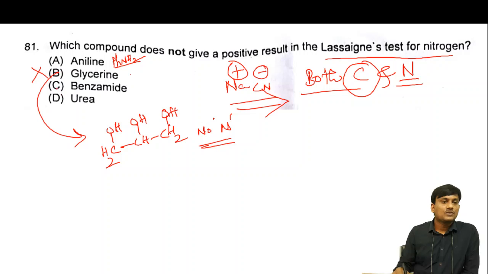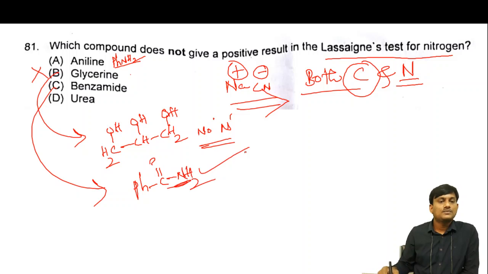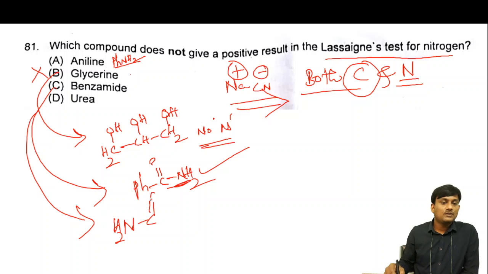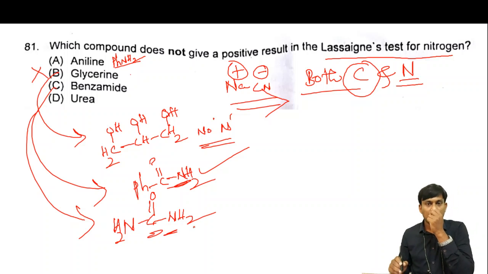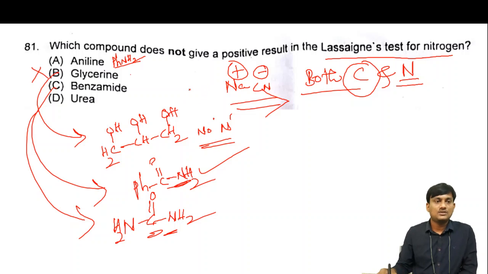Benzamide, what is the formula of benzamide? PhCONH2. It has nitrogen, so it can exhibit. Urea, NH2CONH2. In this case, you have carbon and also nitrogen. That's why it exhibits Lassaigne's test. So what is the correct option? B is the correct option.